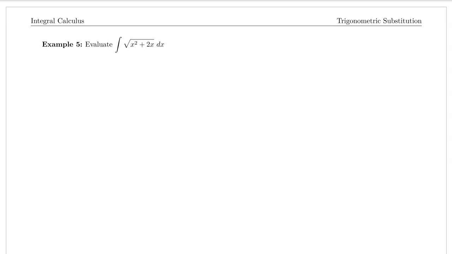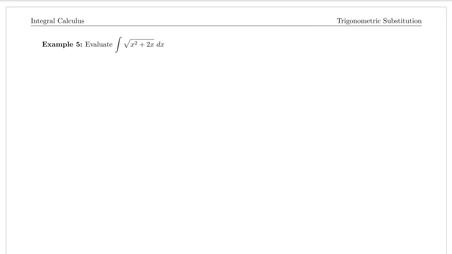And remember, the three main forms we're looking at is the square root of x squared minus a squared, the square root of a squared minus x squared, and then the third one is the square root of x squared plus a squared. And so this original integral that we have doesn't really model or fit any of those cases.